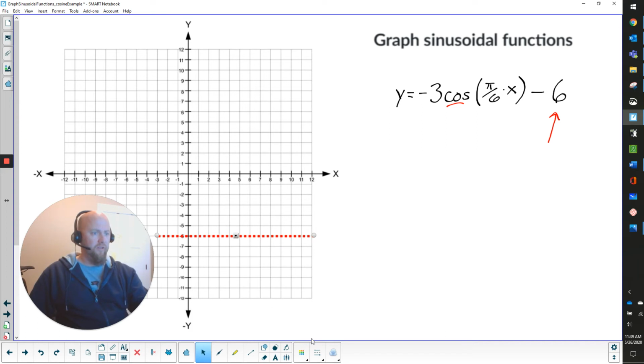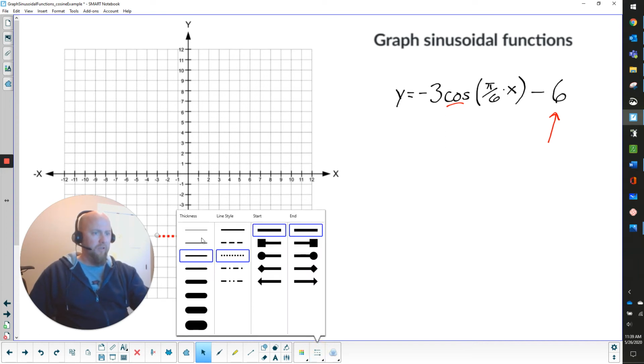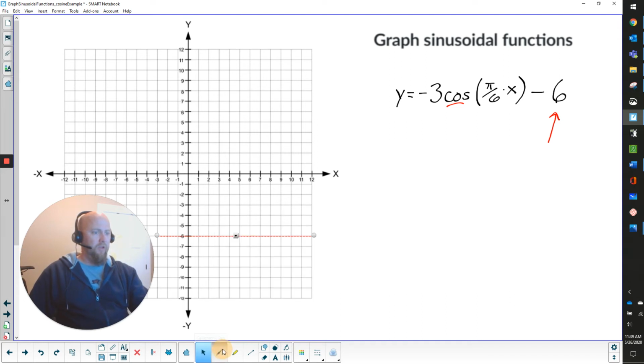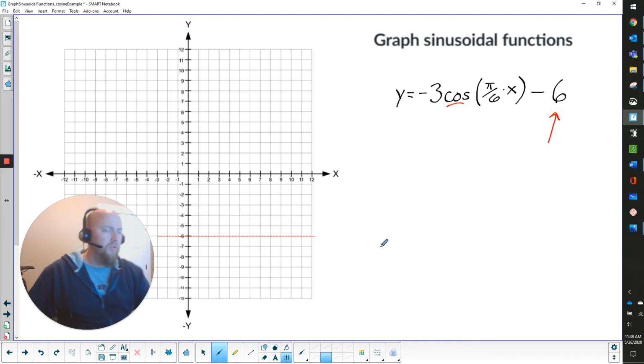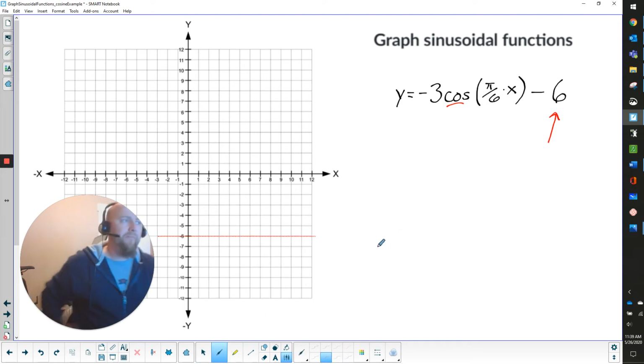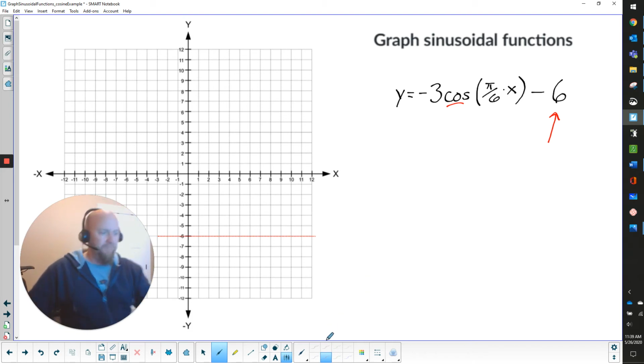That'll be helpful. Now it's going to oscillate above and below that. Now let's look at the number out front. The amplitude is how far above and below the midline this function is going to go.